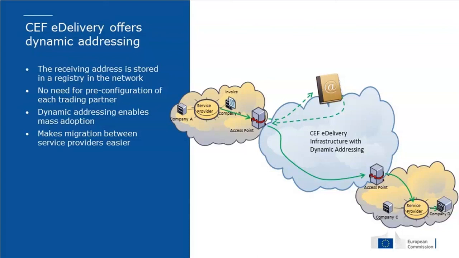Instead of having statically configured connections, this is dynamically discovered for every invoice being sent. This is for mass adoption, and particularly if it's cross-border, this is very, very important. It makes the migration between service providers much easier too.